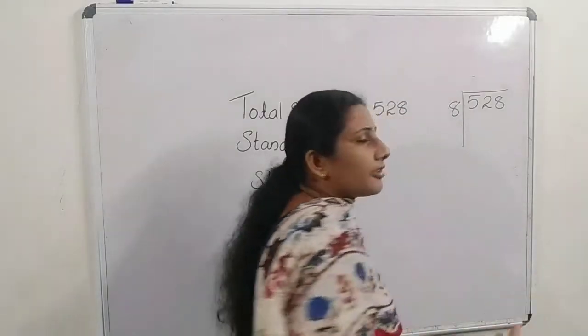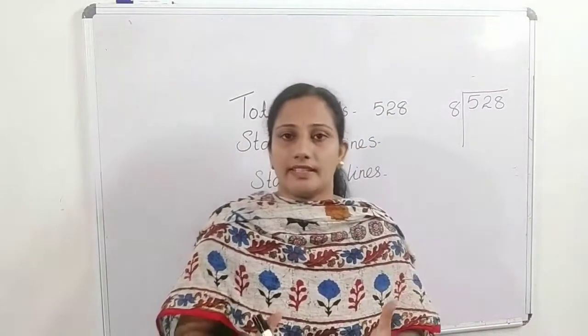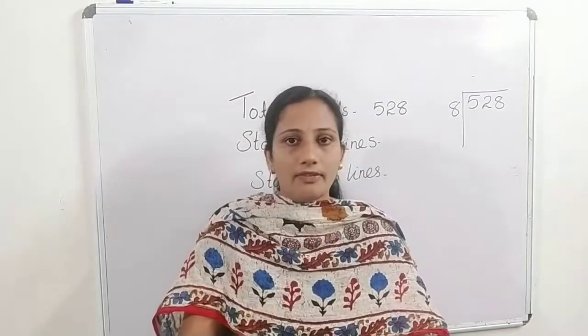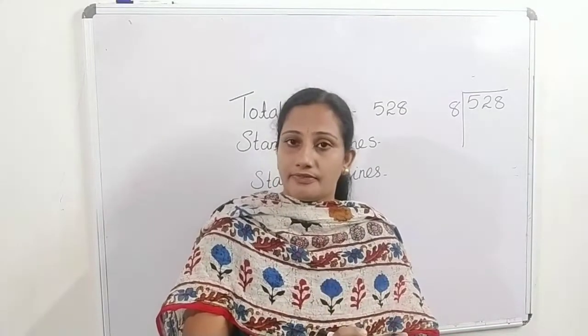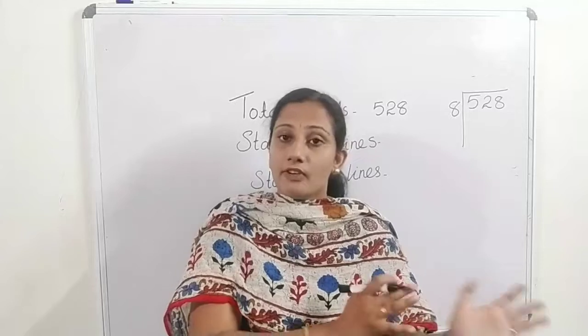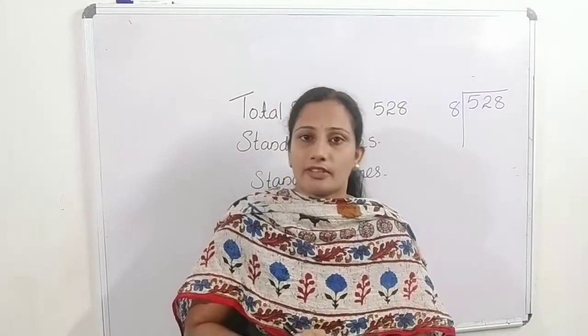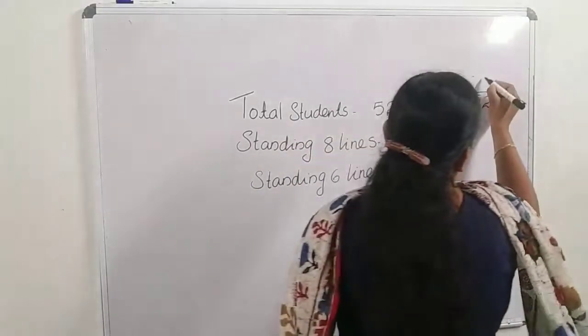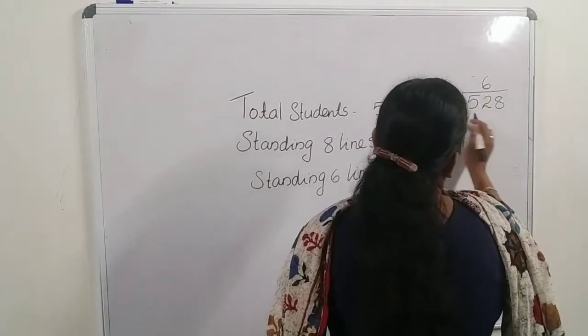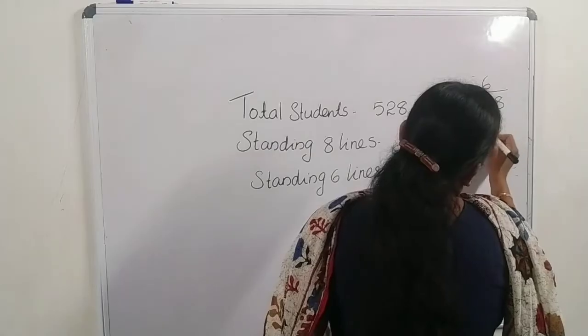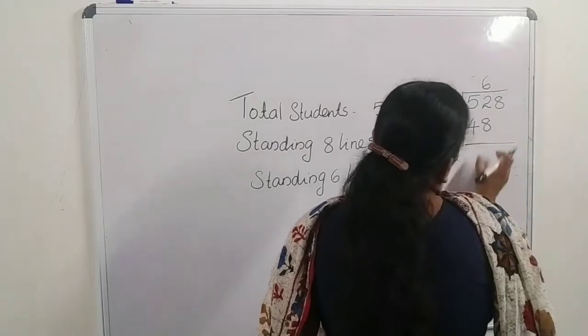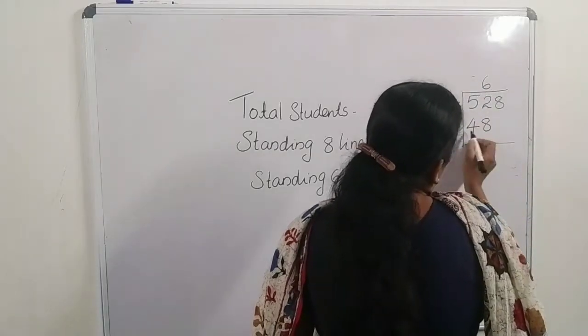Here we have to take the table of 8. In the table of 8 there is no 52, 51, 50, 49. Then 48 is there. How many times? 6 times 48. So let us write that 6 here. 6 8s are 48. Then subtraction, 52 minus 48.